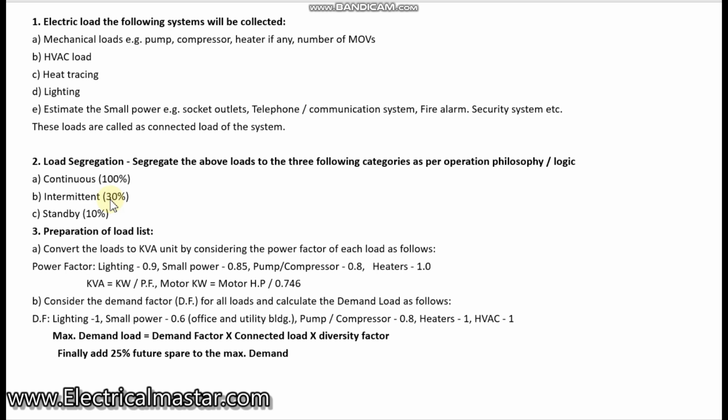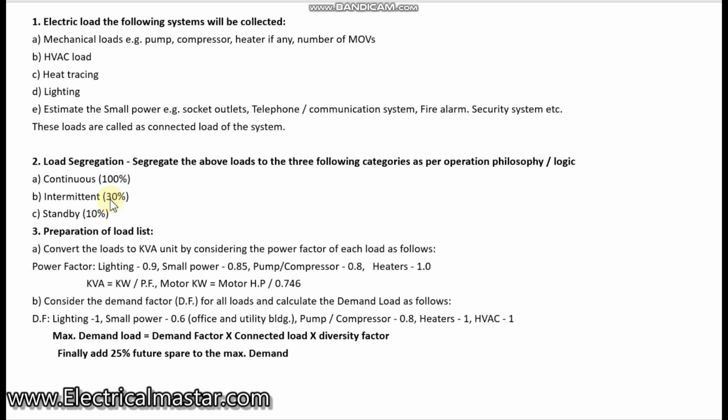And third, you should know how to prepare the load list. So the load list is very simple. First we need to convert all the values into kVA. If you have a value in kilowatt or HP, you convert it into kVA. For converting, you should know the power factor of the particular equipment.